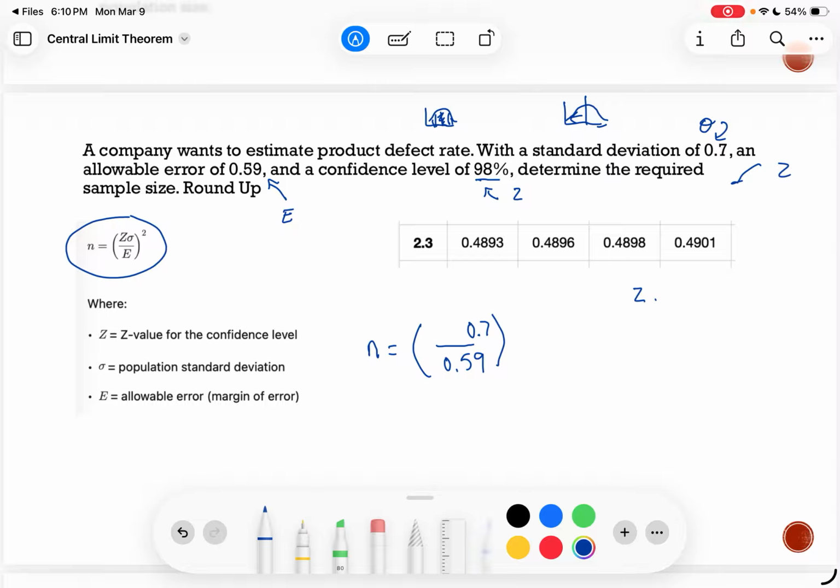So the trick with this is we take 0.98, which is 98%, divided by 2, because we're looking at both sides, and we get 0.49.